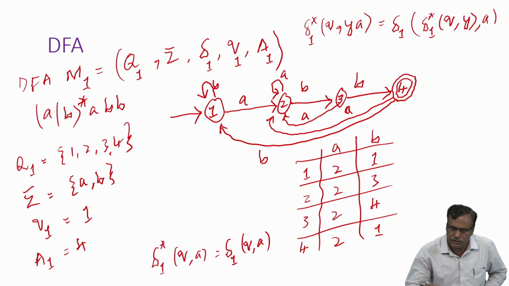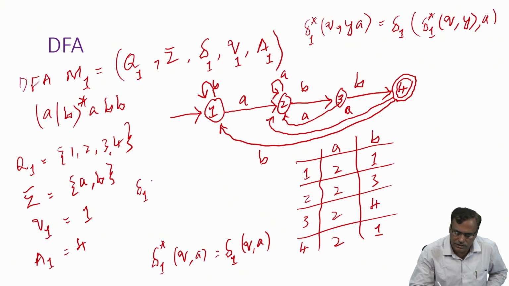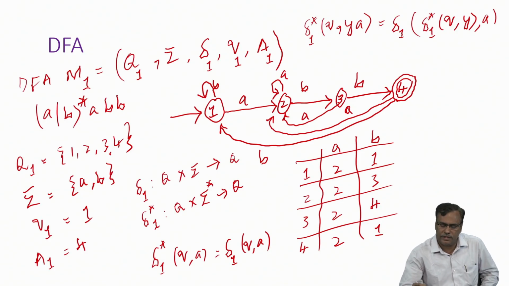The basic difference between these two is this. Delta 1 is Q by sigma gives Q. Delta 1 star in the sense is Q by sigma star gives Q. And being this is a DFA, you don't find transitions on epsilon.